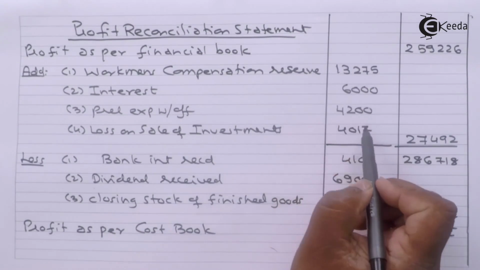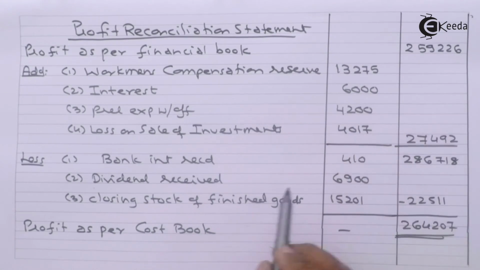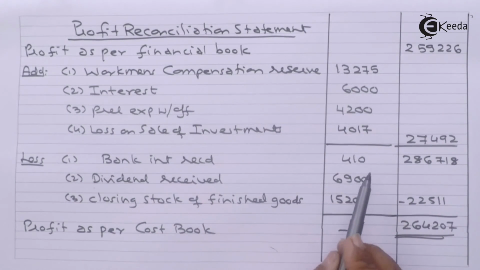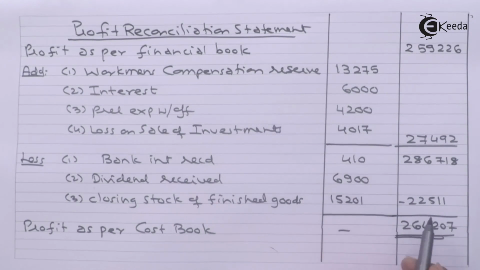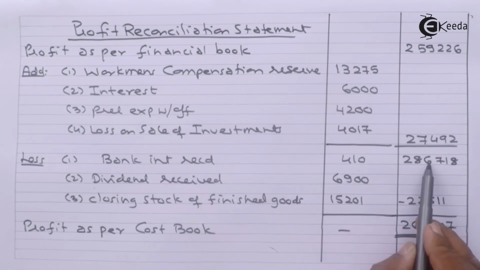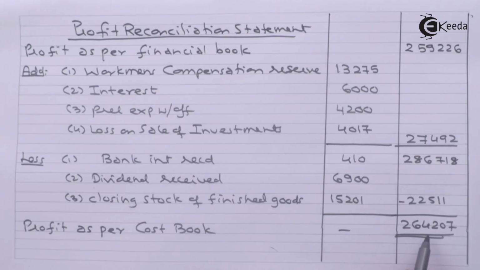These plus items were added to this profit as per financial book. We got 2,86,718. These negative items we have added total 22,511, which is subtracted from this figure. Finally we got 2,64,207. That is profit as per cost book.